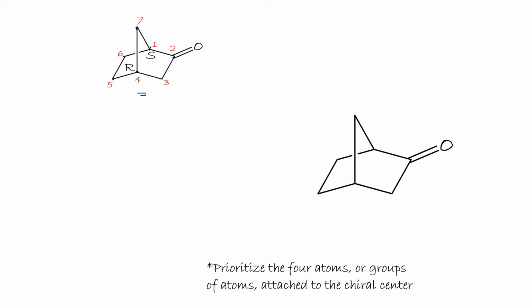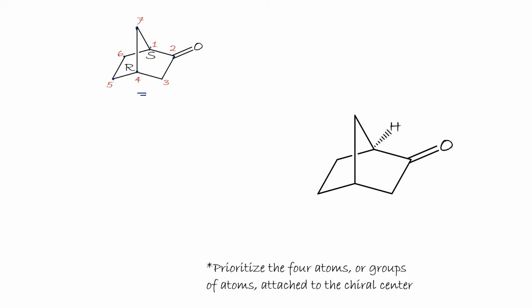Okay, we have to determine the configuration on 1 and 4. So we have to prioritize the 4 atoms or groups attached to the chiral center.